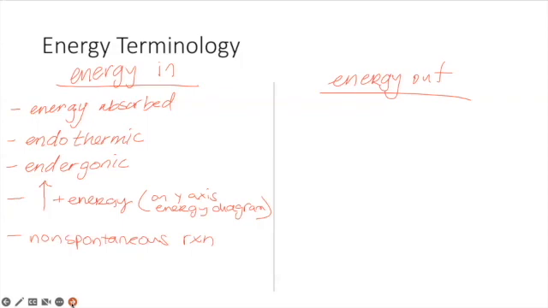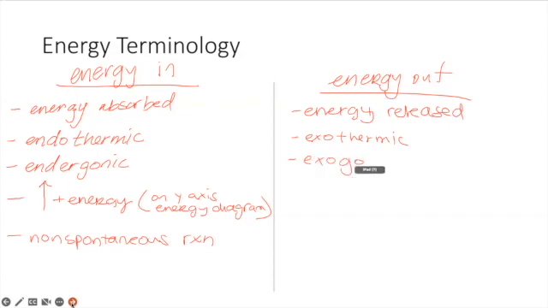It's non-spontaneous. Whereas energy out means all of the following. Energy is released in whatever form, such as heat. If it's released as heat, we call it an exothermic reaction.